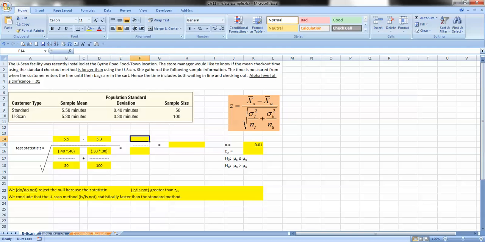Now to do the formula to the next level, we'll just do the numerator and solve for that, and then we'll solve for the denominator, which has quite a bunch of parentheses in there, and I'll try to make sure I get them all. But just to show our work, we're going to do our 0.4 times 0.4 to show our squaring, and then we're going to divide that by 50, our sample size for the standard method.